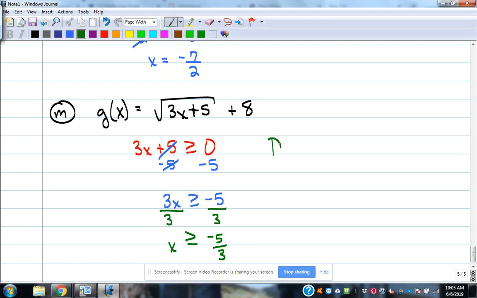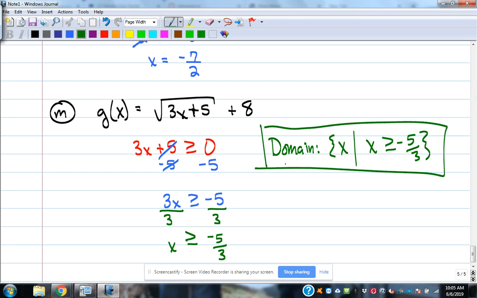All right, so domain is easy on this. For the set notation, it is anyway. You just copy that inequality. That's a pretty good, easy way to do that. Interval notation, the lowest number is negative 5 over 3.